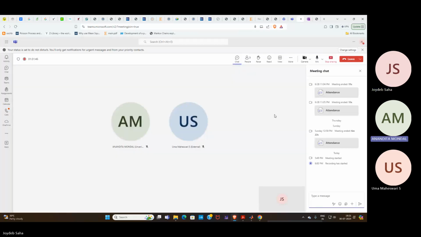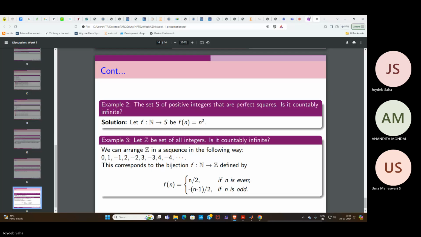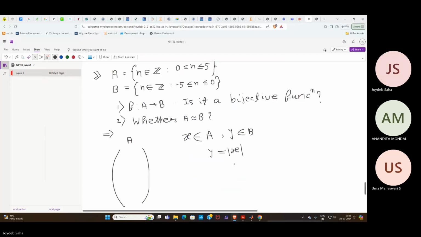Anyone else? Yes, sir. Whether there is any other student attending this? Okay. No, not like that. You are thinking very good, but this is not the answer.